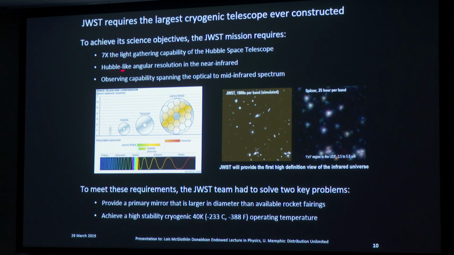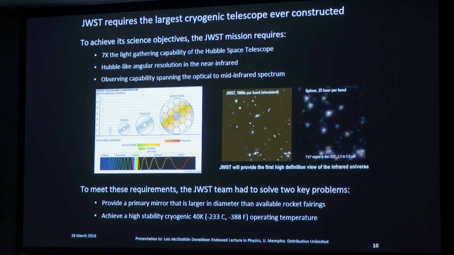We needed Hubble's ability to see fine detail, angular resolution they call it, but in the infrared, which also necessitates a giant mirror. And then because we have to observe in the infrared to see those first galaxies, we needed an observing capability that spanned the optical all the way to the mid-infrared spectrum.